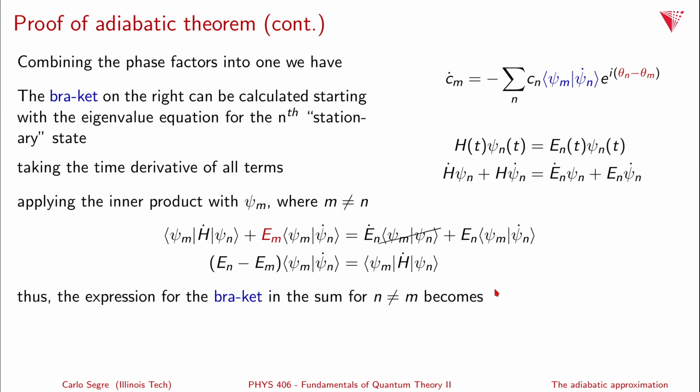So the bracket in the sum for n not equal to m is exactly this term here. And so we can write that the inner product of psi sub m with psi sub n dot is equal to the matrix element of H dot, the time derivative of H, between the mth state and the nth state, divided by E sub n minus E sub m.